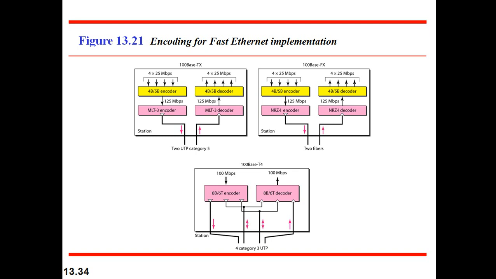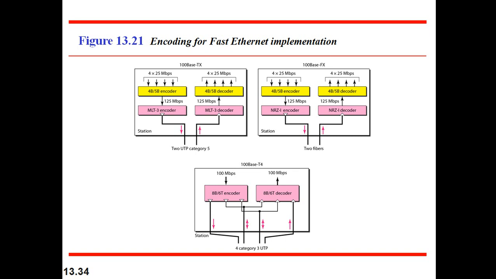These 3 pairs of twisted pair cables used here are able to handle around 75 megabaud. To achieve 100 Mbps of data rate, we are using an 8B/6T encoder, that is an 8 binary 6 ternary encoder. That is, 8 bits of information are encoded to 6 signal elements.